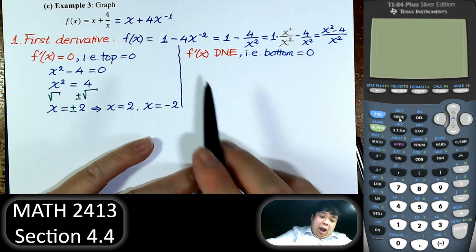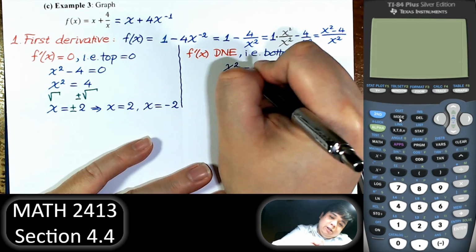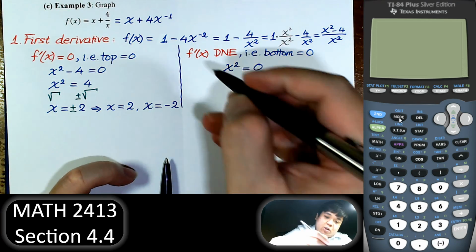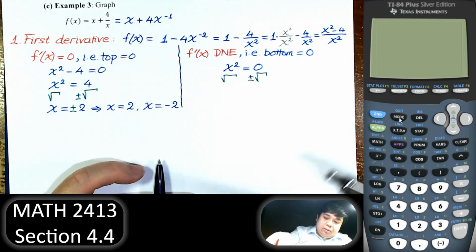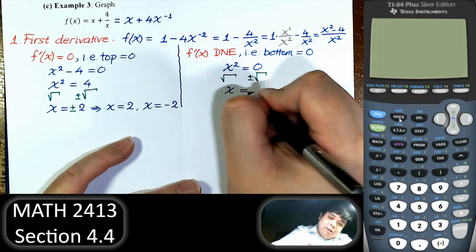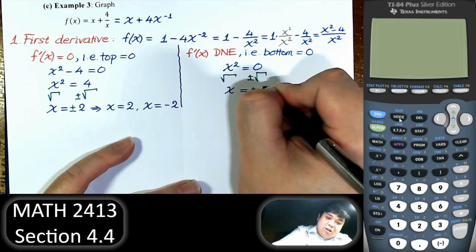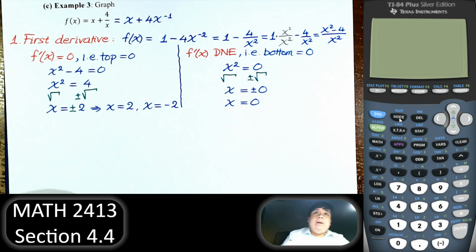Now, when the derivative does not exist, meaning the bottom equal to 0. And once again, we take the square root on both sides. Give us x equal to 0. Plus or minus 0, still 0. Right, now let's test them.